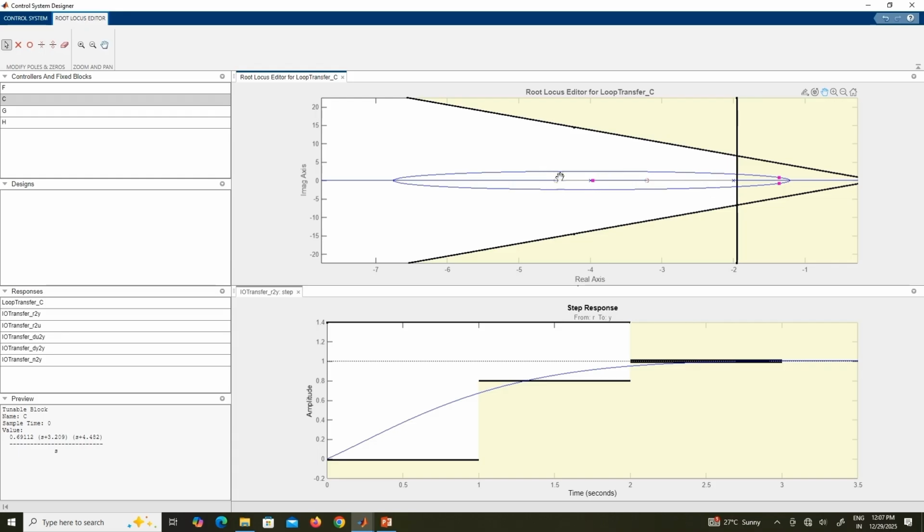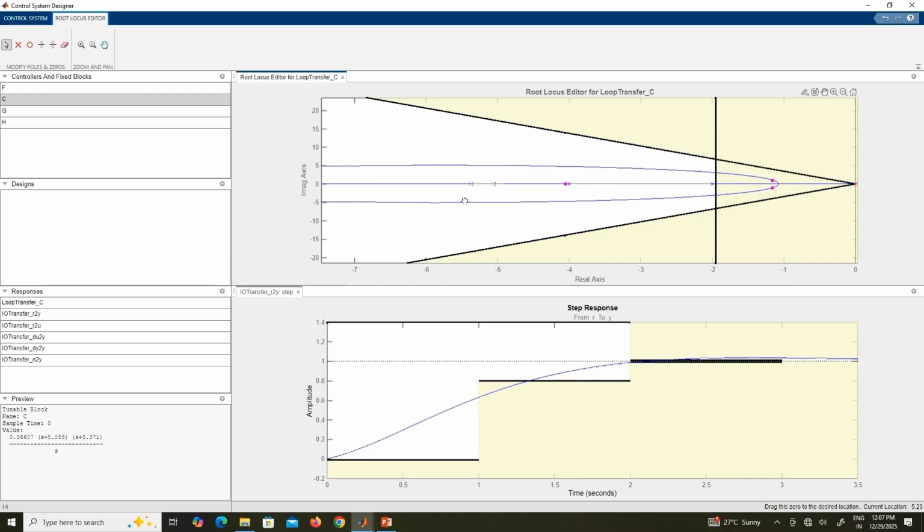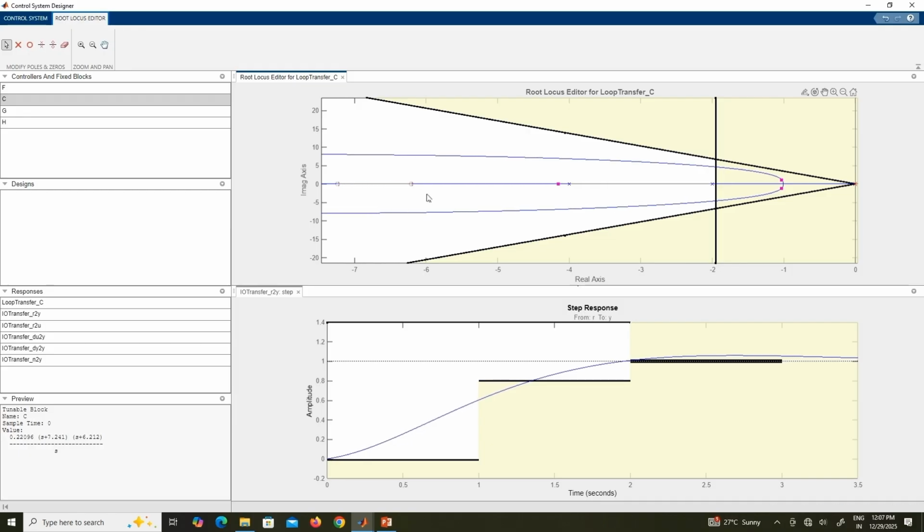So, let us see how do I change the root locus. With these 2 zeros I can play around, and I can keep on playing around and find out the position where this will pass through this desired pole location. You see, I can keep on changing these 0 locations. Remember, these 0 locations are in our hand, right?